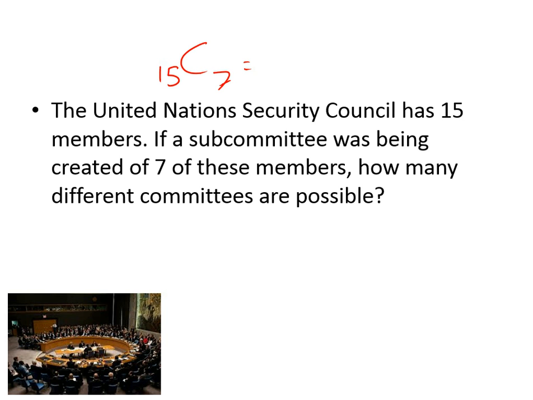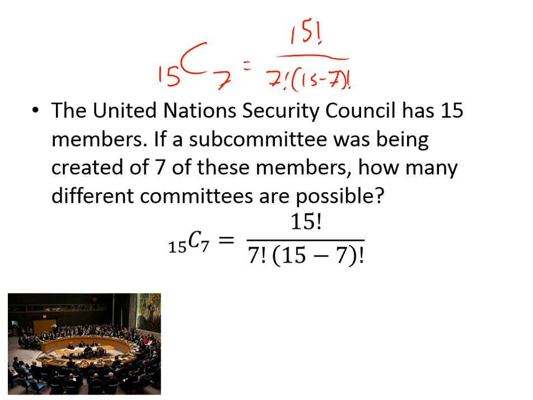And we would plug this in. It would be 15 factorial all over 7 factorial times 15 minus 7 factorial. And then we would plug it in and solve it the rest of the way through. And the number of committees that are possible is 6,435. Different committees could be created from those 15 council members.